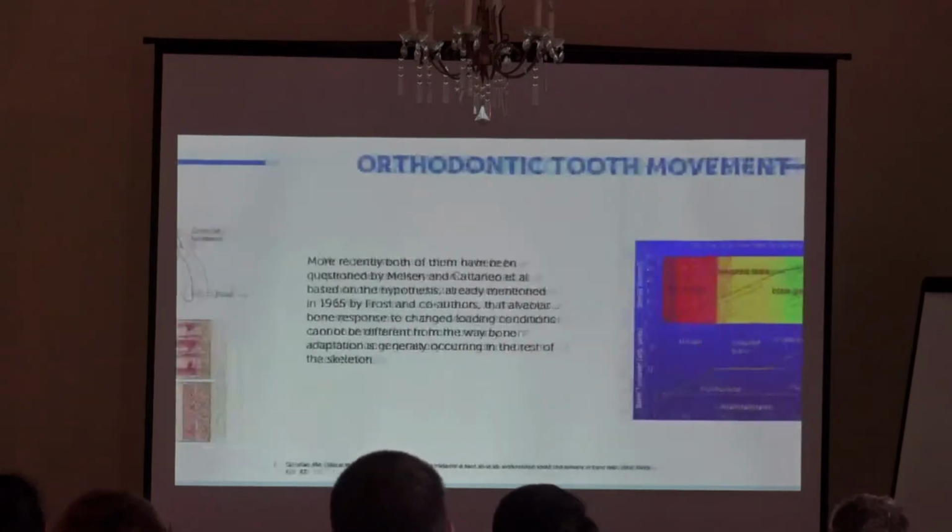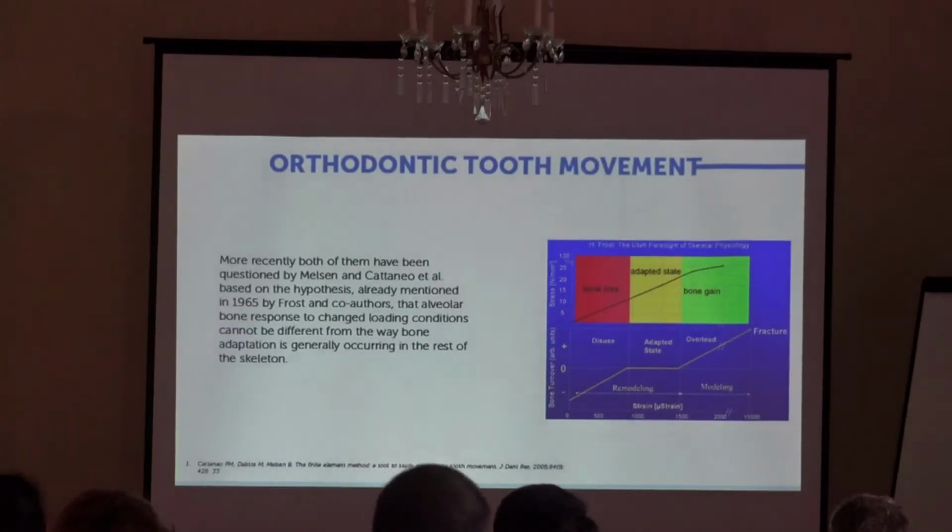But all these theories have been questioned over the years because they contradict everything that we know about bone biology, okay? Because we know that compression means bone gain and lack of load means bone loss. But this is in contrast to what we see, okay?